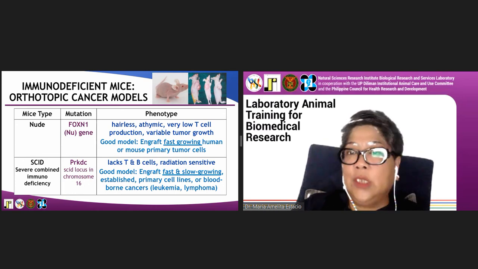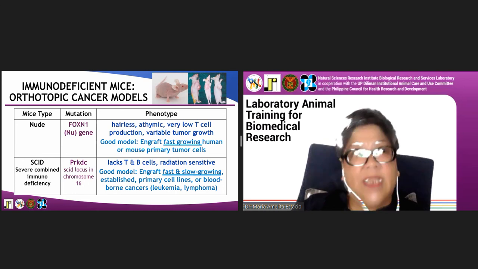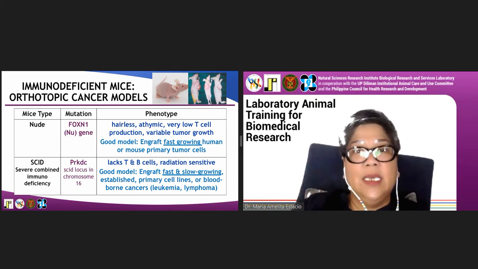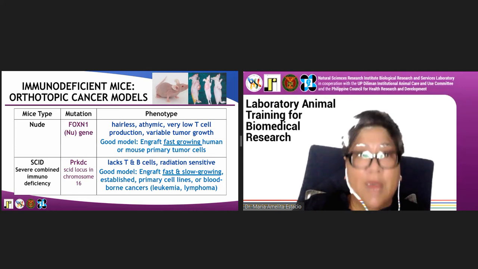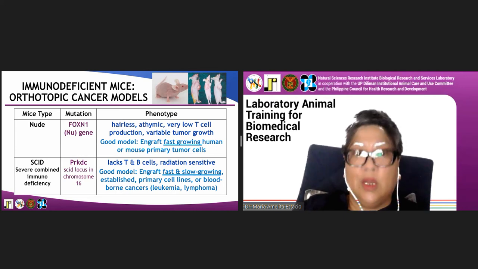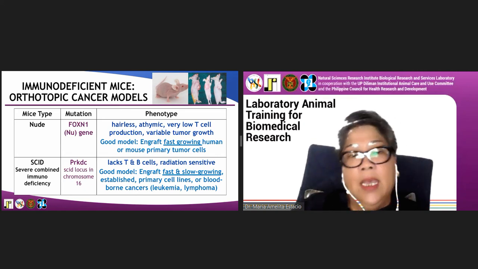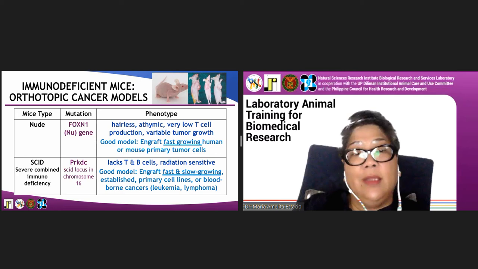The slow-growing tumor cells usually have variable growth in the nude mouse. And that was the reason they developed the other newer orthotopic cancer mouse models. So these immunodeficient mice would be the SCID, referring to severe combined immunodeficient mouse models.